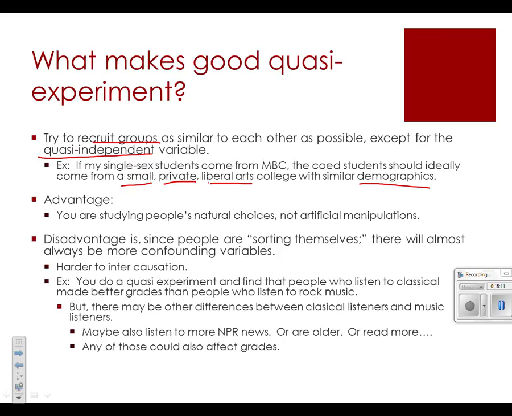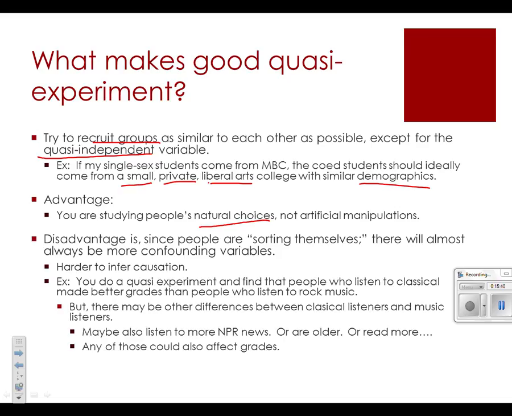An advantage of the quasi-experiment, other than the fact that, of course, you can examine things that would not be possible to manipulate, is that you are studying people's natural choices, which under certain circumstances can be important. So it's a more natural, less artificial situation. This is particularly true if you're looking at things like mood or benefits or how somebody likes something.